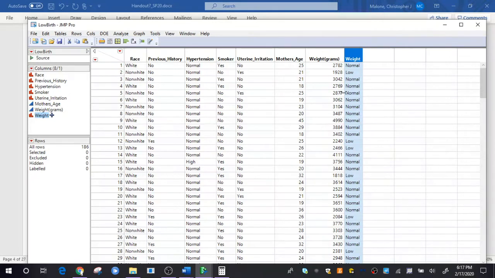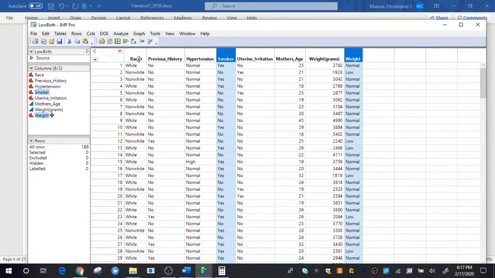Now, Handout 7 is about comparing one categorical variable against another. Now that I have my information, which is weight, listed as a categorical variable, either normal or low birth weight, I'm going to make comparisons of weight against race, or weight against previous history, or weight against smoker.